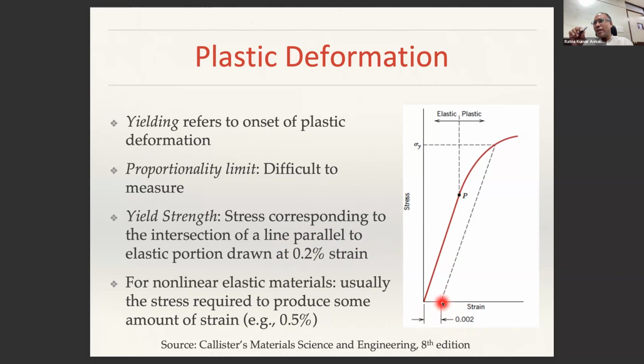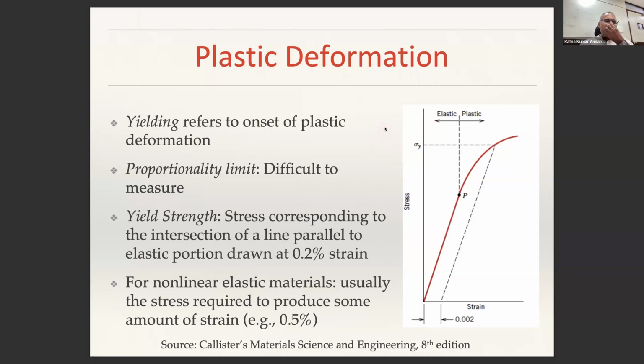At that point, you draw a line parallel to your initial linear elastic regime. That means you are drawing an offset at 0.2% strain, and see where that line intersects the stress strain curve, and the value of the stress at which it intersects is what you report as the yield strength of the material.